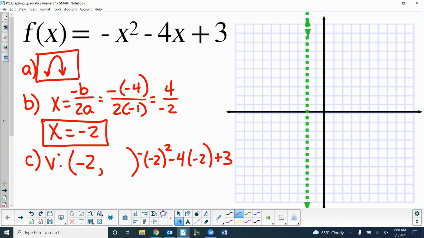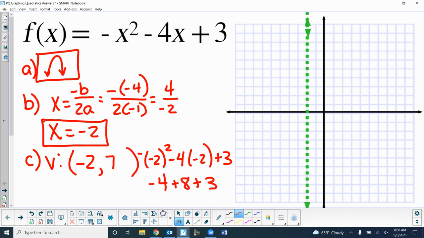So in this situation, you do the exponent first. So the -2 gets squared first, which is +4. But this negative sign out front changes it back to -4. -4 times the -2 is the +8. And then our +3. So -4 plus 8 is +4 plus 3 is 7. So -2, 7 is my vertex.